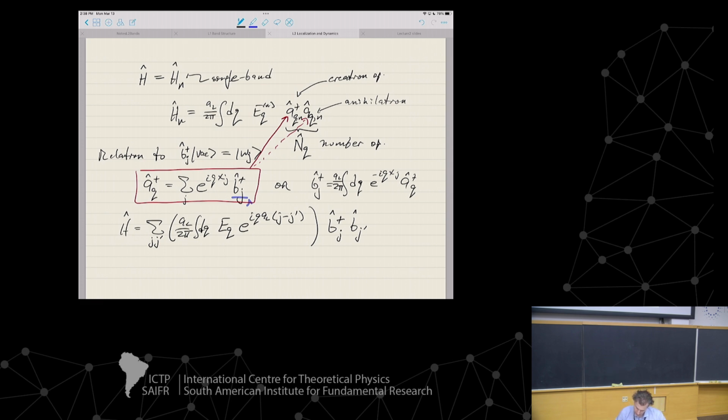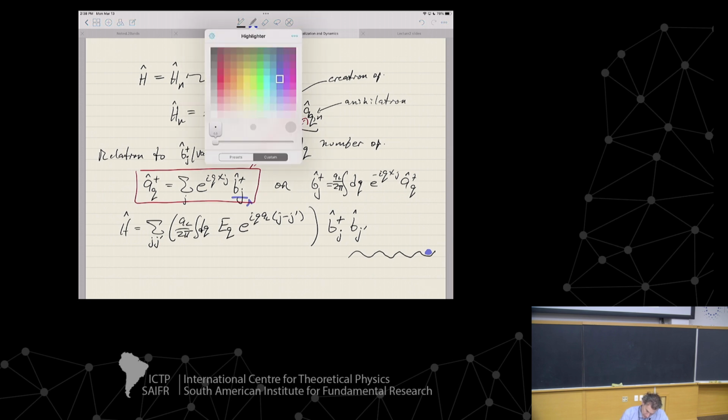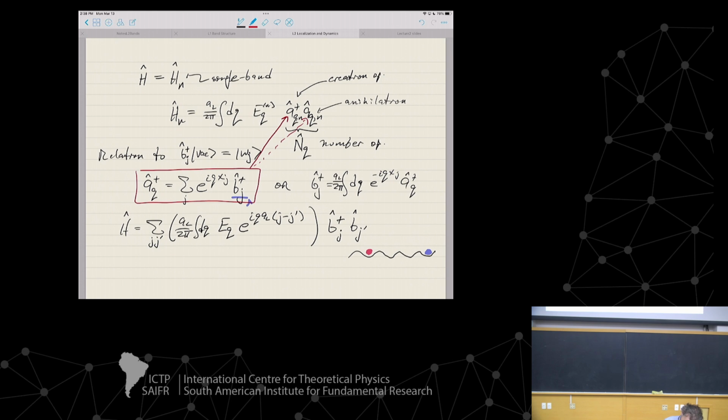It means that particles teleport. So let's say I start here, and then a little later, I'm here. Okay, so this would be, for instance, annihilating at J prime, and this would be creating something at site J. So what is that?